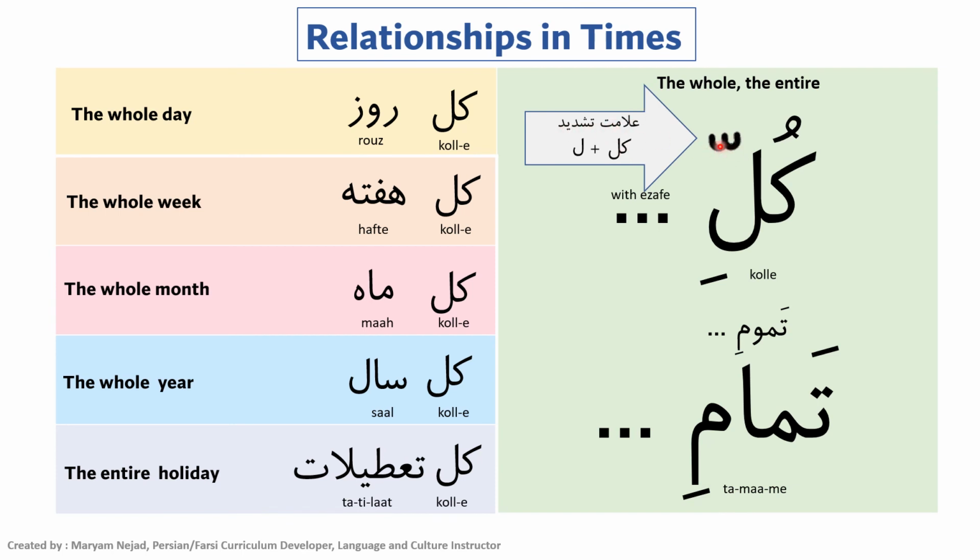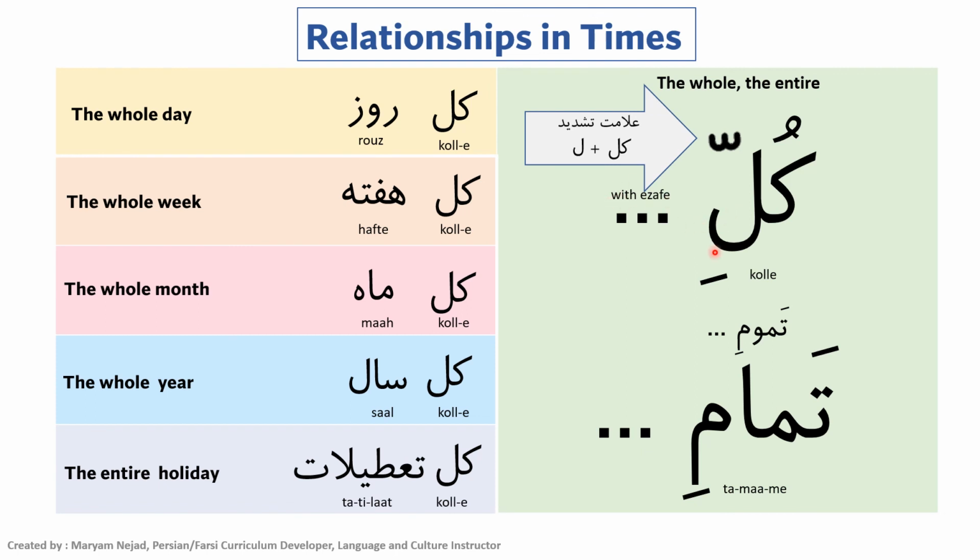So tashdid usually is implied. We usually don't write it down, but we still pronounce it. How is it pronounced? You just put a stress on the letter that the tashdid is on. For example, here, tashdid is on the letter lam. So it's going to be kolle, kolle. We don't say kole, we say kolle.